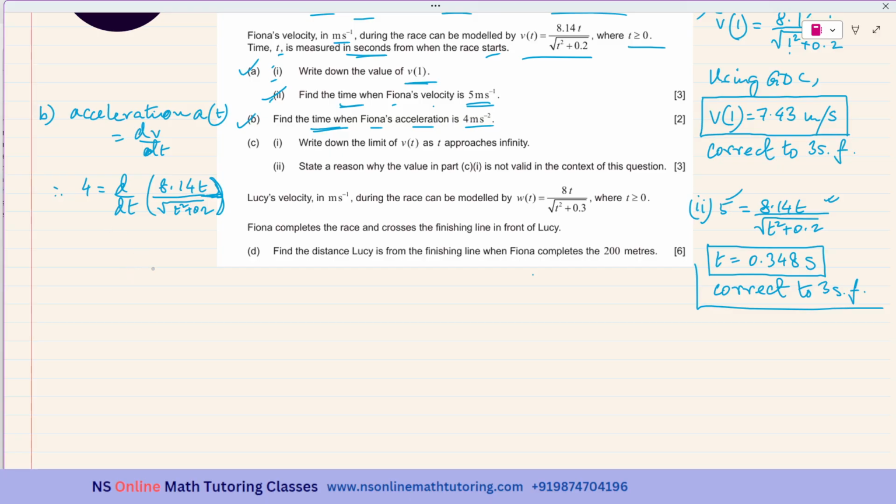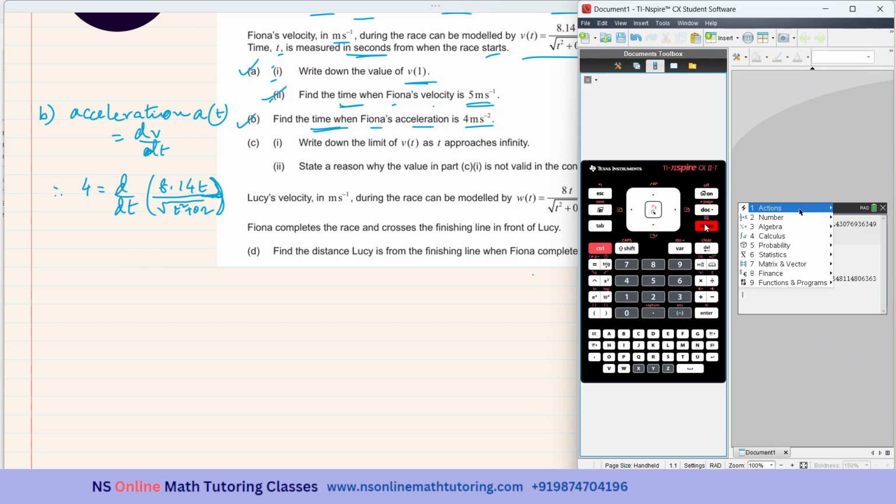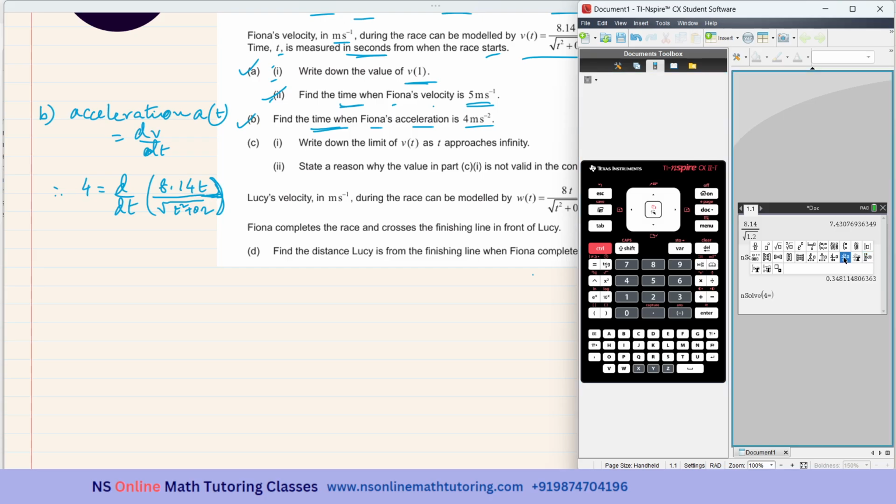So again, I'll be using nsolve, menu number 3 algebra, and number 1 numerical solve. 4 is equal to d dt. So I'm coming over here, the button next to 9. Sorry, this is the second derivative. The first derivative is this. Okay, and it is d dt.